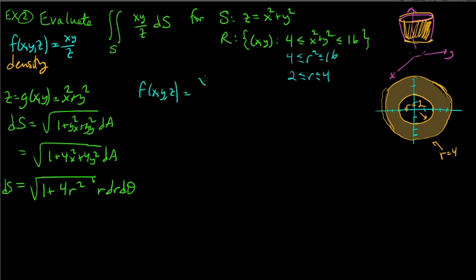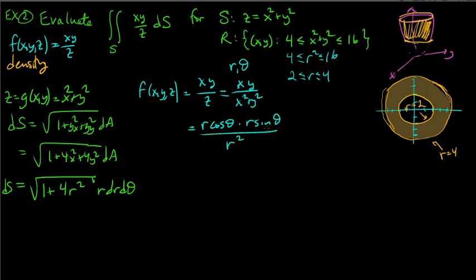is x times y divided by z. But remember, we have to write z in terms of x and y. So that's just x squared plus y squared. But if we're switching to polar coordinates, we need r and theta instead. So x is r cosine theta, y is r sine theta, and x squared plus y squared is just r squared.